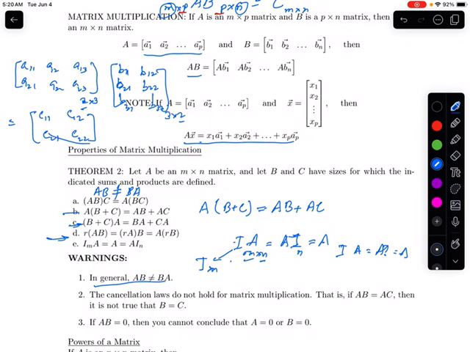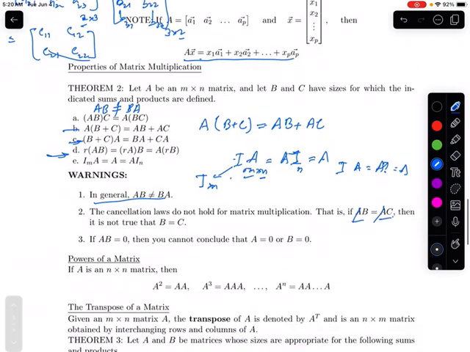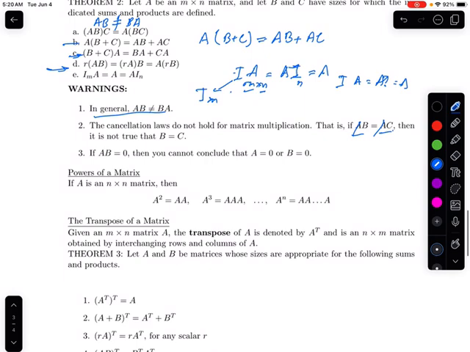Now, the cancellation laws do not hold for matrix multiplication. What does that mean? It means if you have AB is equal to AC, like the product of A and B is the same as the product of A and C, you cannot say that B is equal to C. In other words, you cannot just cancel this A, or you cannot divide by A. And also, the zero property, if you recall, we say that if two numbers are being multiplied and the product is 0, then one of them has to be 0.